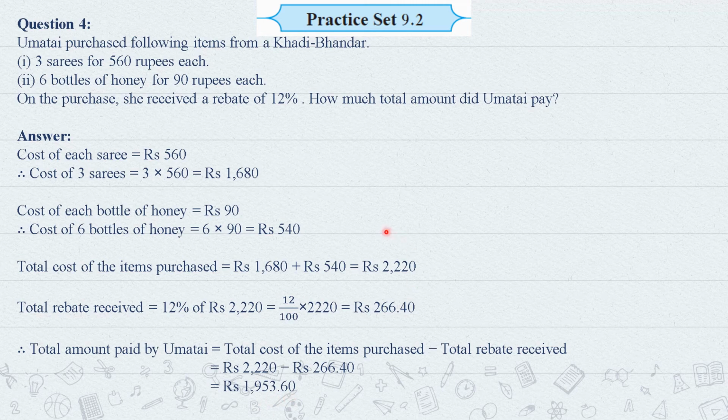So Umatai's actual total cost was 2220, but after she got the rebate or discount, she had to pay only 1953.60 rupees. Thus, the total amount paid by Umatai is 1953.60.